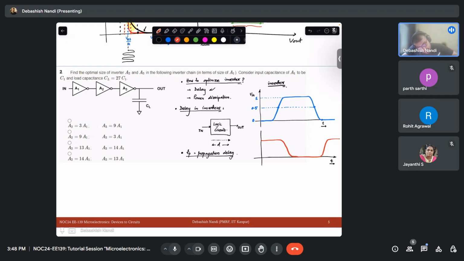Let's also mark the midpoints. This is 1, this is 0, this is 0.5, and this is your V out. So we have a delay associated with these two points. This we call TPHL.